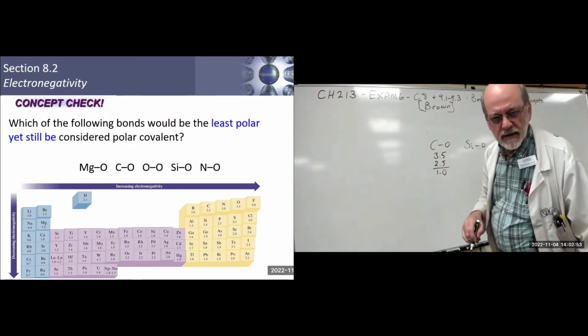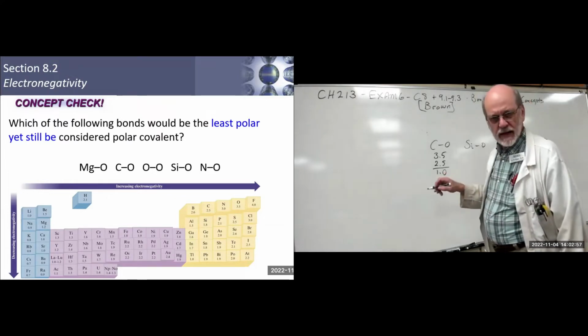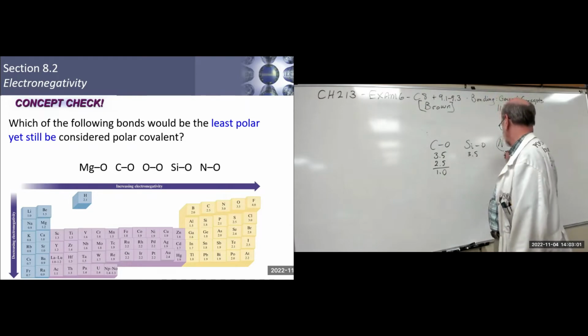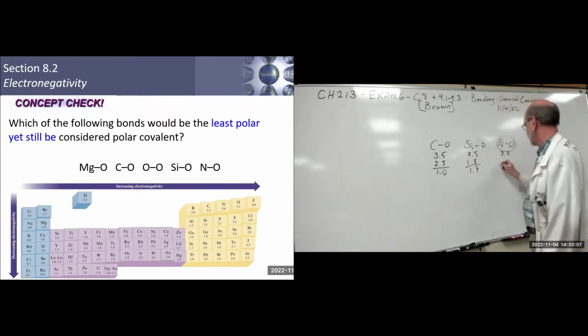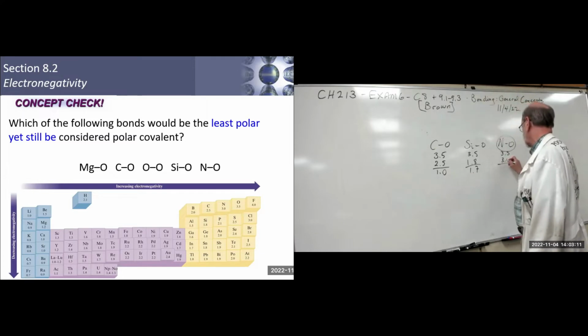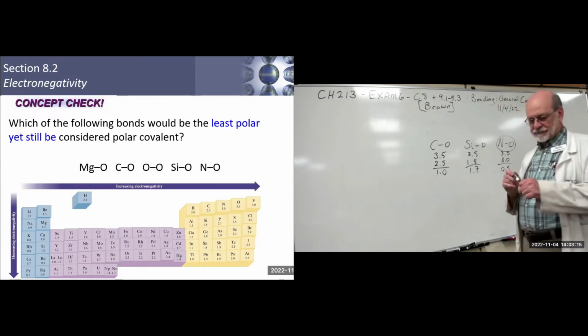Silicon is 1.8 and oxygen still 3.5. That's 1.7. And nitrogen is 3.0, so that's 0.5.